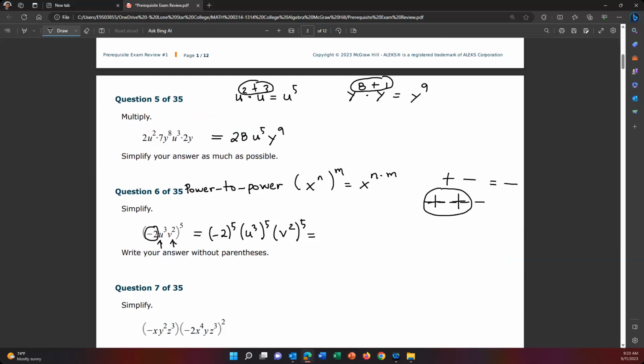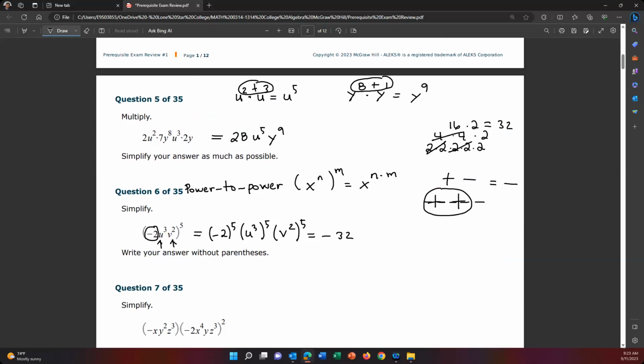Okay, and now we have 2 to the 5th power. 2 times 2 times 2 times 2 times 2. That will be equal to 4, that will be equal to 4. This will be equal to 16. 16 times 2 is equal to 32.